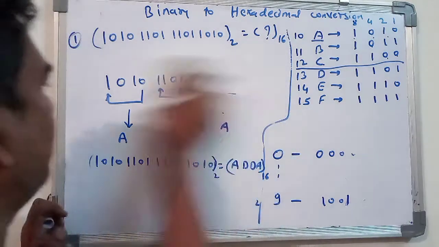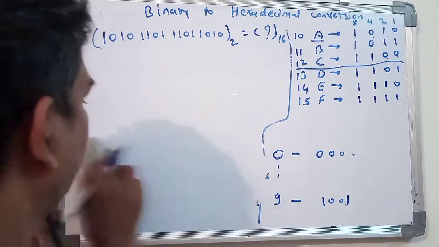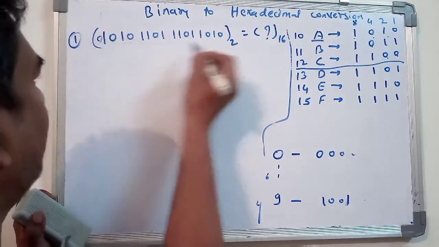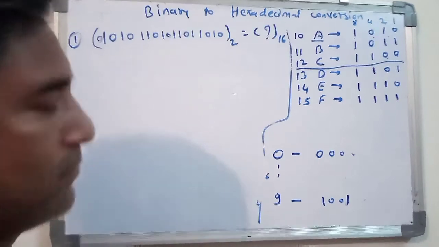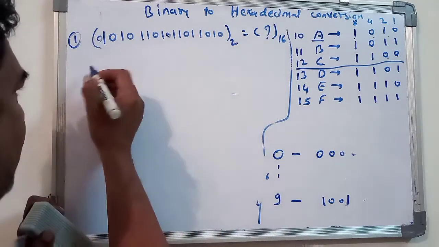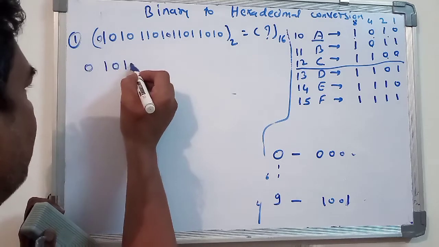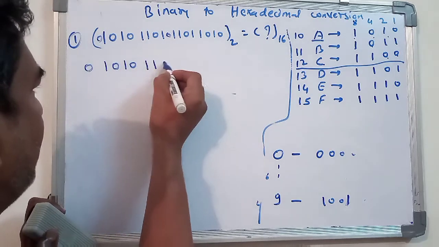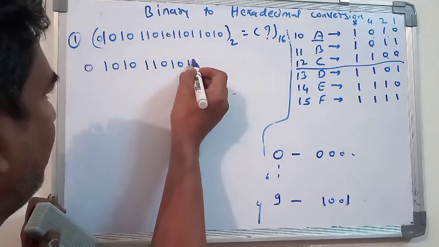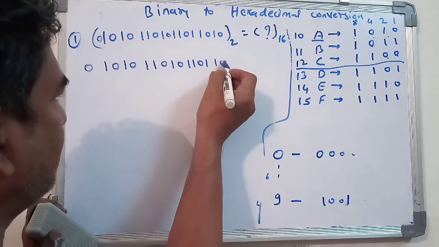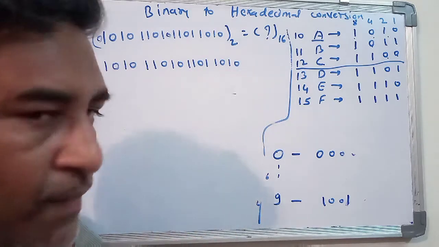Now suppose you have the next question like this. Okay, now I will write down clearly: 0 1 0 1 0 1 1 0 1 0 1 1 0 1 1 0 1 0.